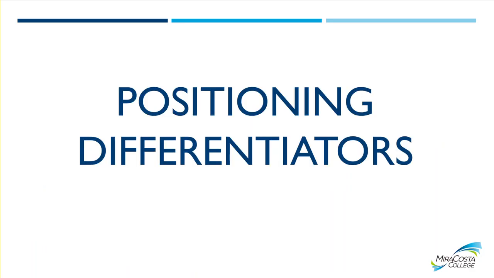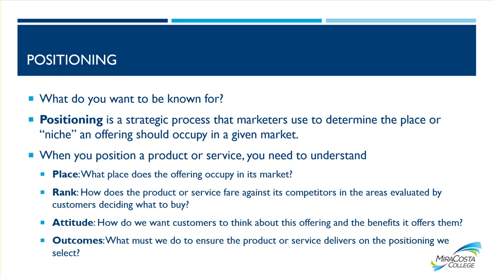So moving on to positioning differentiators. What is positioning? So what do you want to be known for? Positioning is a strategic process that marketers use to determine the place or niche an offering should occupy in a given market. When you position a product or service, you need to understand the place. So what place does the offering occupy in its market?